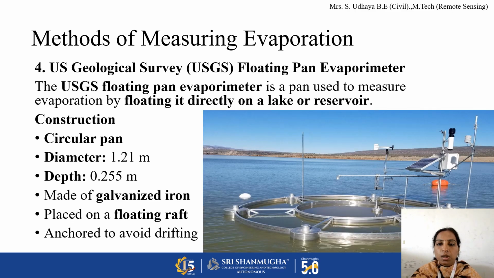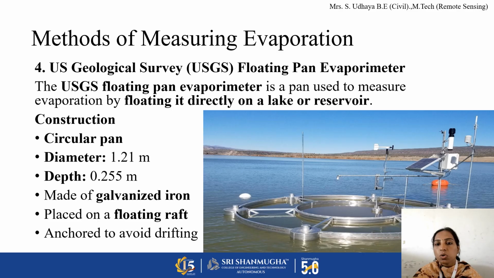The next and last type is the US Geological Survey floating pan evaporimeter. This evaporimeter pan is installed in a lake or reservoir. As you can see in this image, it is made to float freely directly on a lake or reservoir. It's a circular pan with a diameter of 1.2 meter and depth of 25 centimeter, made up of galvanized iron.